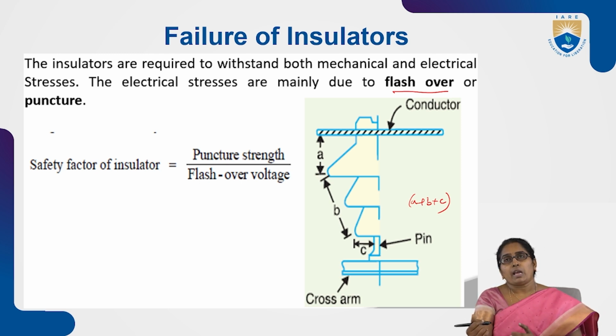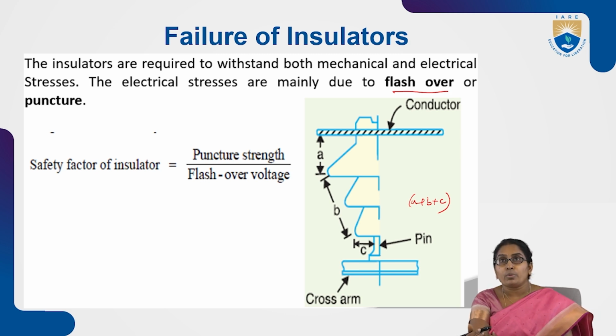When a flashover occurs, generally the insulator will continue to work unless the heat generated by this is exceeded and destroys the insulator. If the heat generated is more because of this flashover, then only the problem will take place.